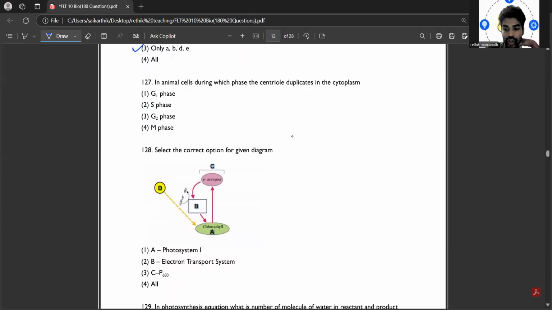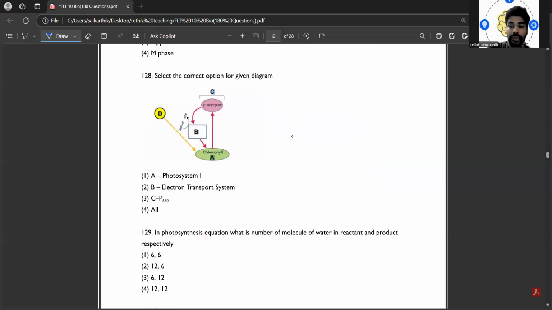127 we will move. So 127 says that in animals, during which phase does the centriole duplication occur in the cytoplasm? In the S phase, right? 129, do you remember this diagram? What does it say? A minus P will actually be 700.